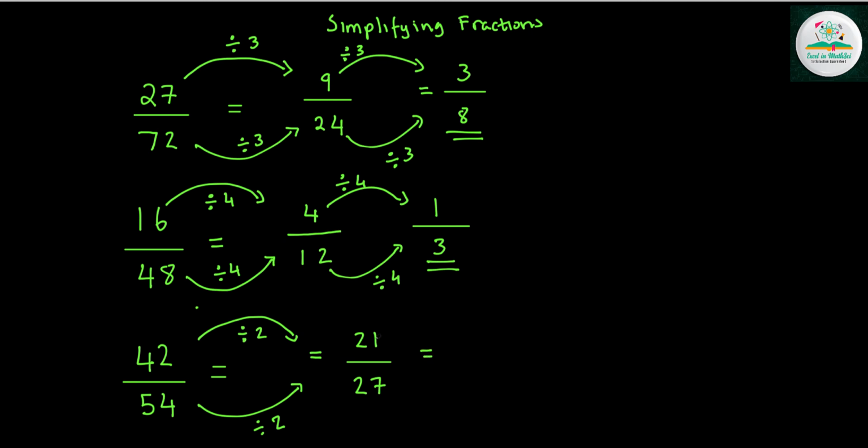Now once again, there is a common factor between the two. They both come in the 3 times table, so I can divide the top and the bottom by 3. If I do that, 21 divided by 3 would give me 7, because 3 times 7 gives me 21, and 27 divided by 3 would give me 9.